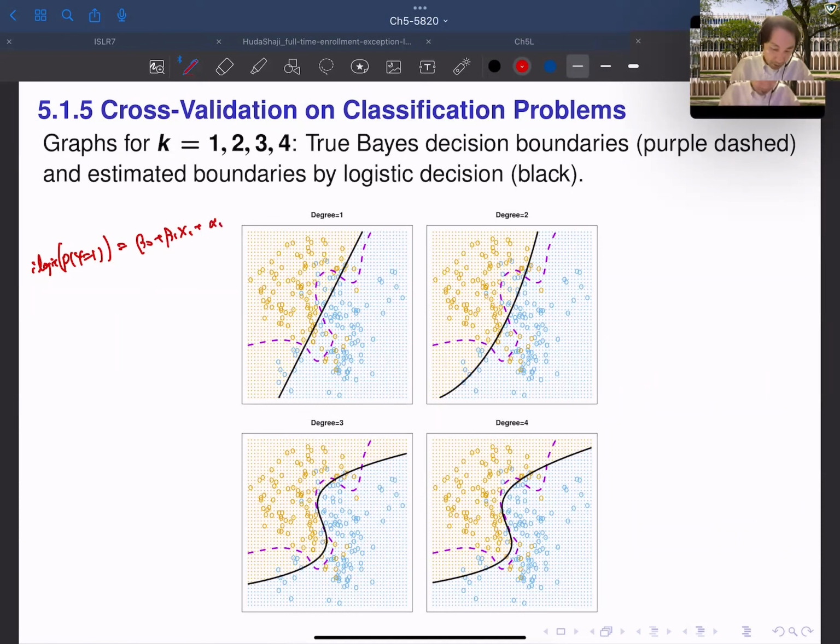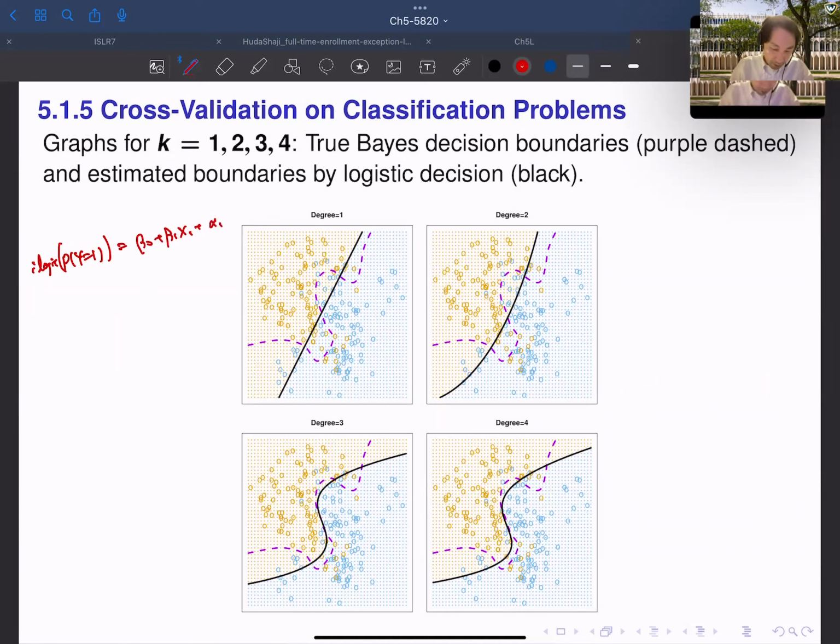Then the boundary is linear. Boundary means the 50% probability. So the probability of y equal to 1 is 50%. The boundary is here.